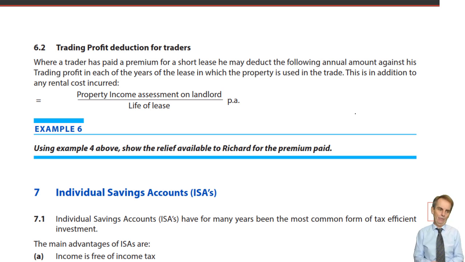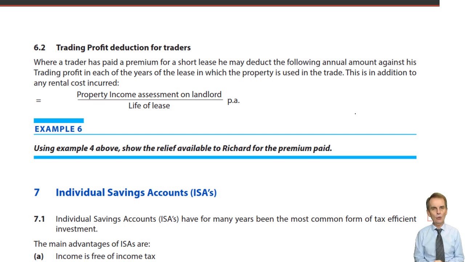But what about, therefore, this one-off premium? What we will see now is that for the lessee, the business paying that premium, some part of that premium paid, in our example £70,000, will attract tax relief.